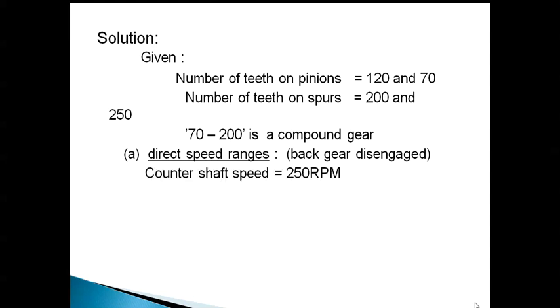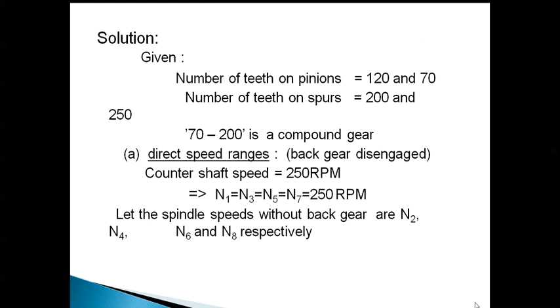So now here the counter shaft speed is 250 rpm. So counter shaft speed is 250 rpm means the driver speeds are all the same, like N1 equal to N3 equal to N5 equal to N7 equal to 250 rpm. So all are on the same shaft. So N1, N3, N5 and N7 have the same speed, that is 250 rpm.